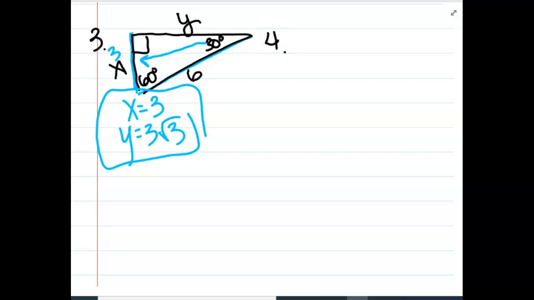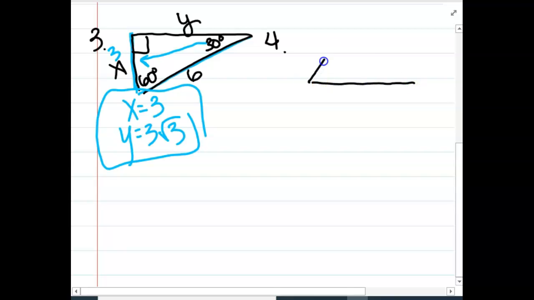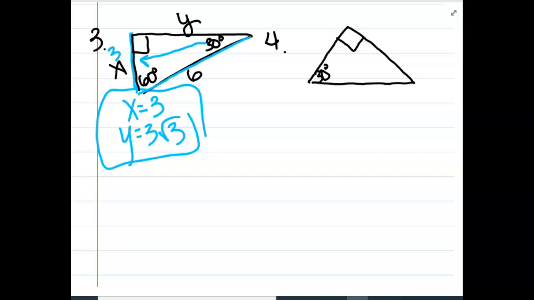Okay, number 4, let's draw another 30, 60, 90 triangle. Not to scale, obviously. Now, kind of like the 45, 45, 90 triangle, if this is all the information they gave me, I see a 30-degree angle, do I have enough to conclude that this is a 30, 60, 90 triangle?